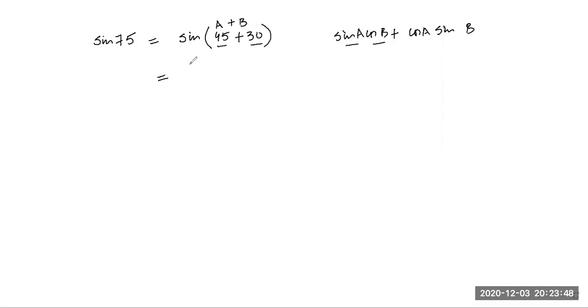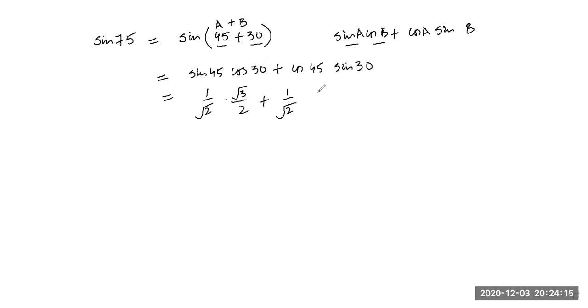Plus will come. Yes, cos A sin B. Very good. So quickly say, what will come next? Quickly, well done. Sine 45, come on. Cos 30, plus cos 45 into sin 30. Beautiful. Say the values quickly; the more you speak, the more you remember. Sine 45 is 1 by root 2, cos 30 is root 3 by 2, plus 1 by root 2 into 1 by 2. So this will be equal to root 3 by 2 root 2 plus 1 by 2 root 2.